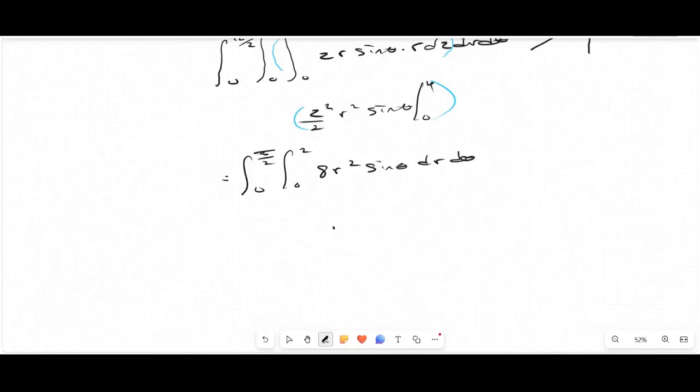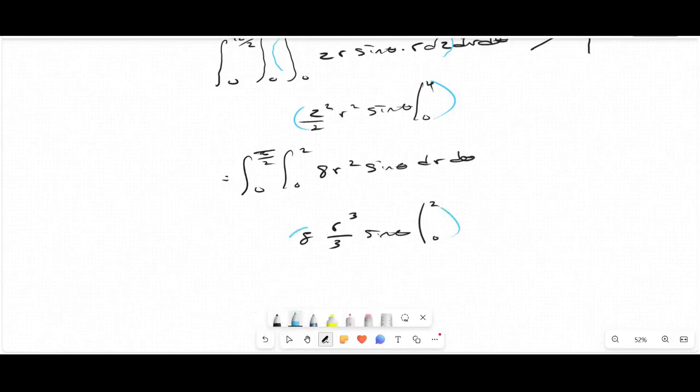R squared goes to r cubed over 3. That there, whoops, is this guy. Plug in 0, again, you get nothing.